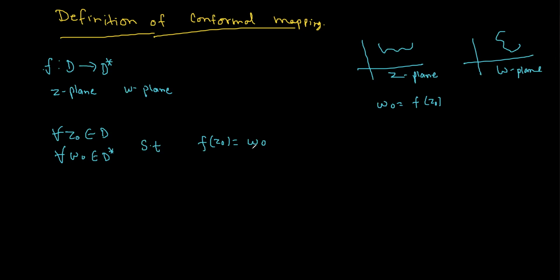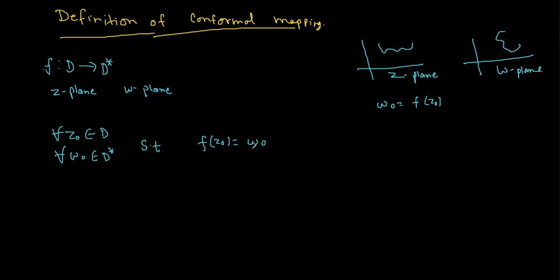So for any point Z naught in the Z plane, there is a corresponding point W naught, which is equal to f of Z naught, in the W plane. This is the basic definition of mapping.